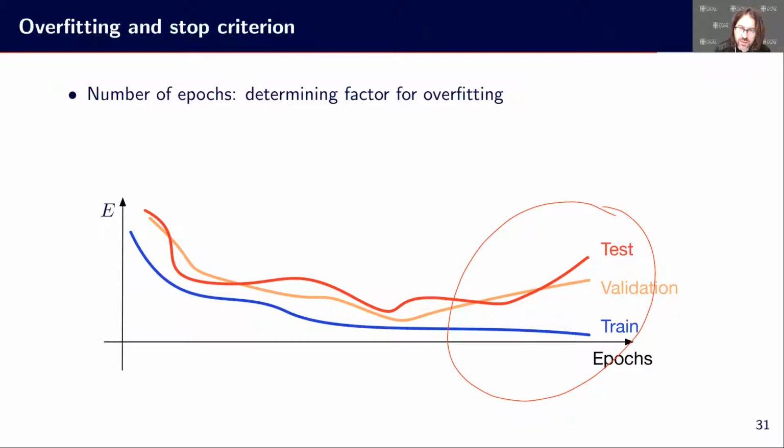So this is, I would say, not a good situation. We should not go that far in the training. We should stop before. And in fact, we can see that the sweet spot here is around the place where we have the lowest validation test error. So this is the configuration, the moment in the training, where the generalization is the best.